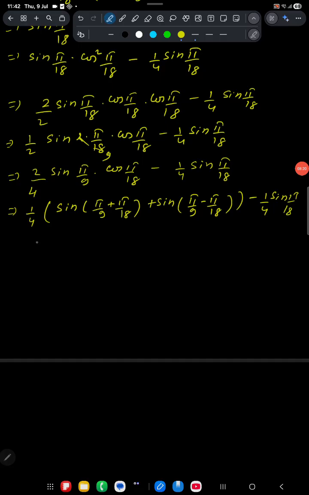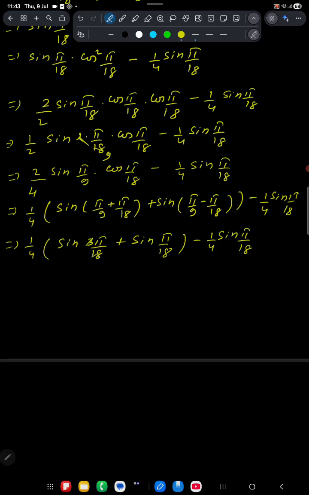Okay, so 1 by 4 within bracket pi by 9 plus pi by 18, 9 twos are 18, so 3 pi by 18, sine 3 pi by 18 plus sine pi by 9 minus pi by 18, 9 twos are 18, so this will give you pi by 18, and this is your minus 1 by 4 sine pi by 18.